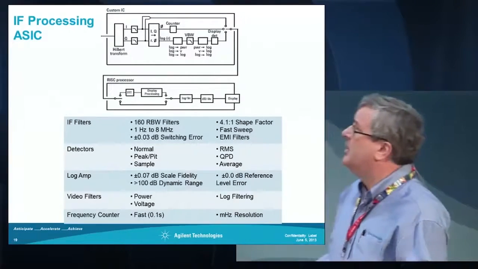All right. And what that allowed us to do once we built this, it allowed us to essentially remove a lot of sources of errors that the swept IF was seeing. By moving everything into the digital domain and doing things digitally, we were able to significantly improve our accuracy.